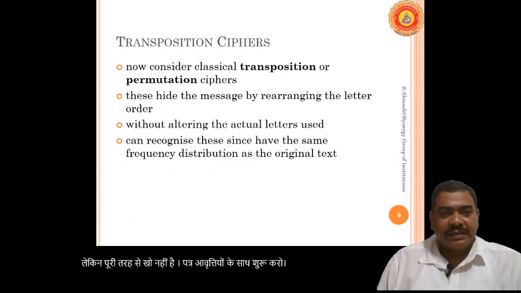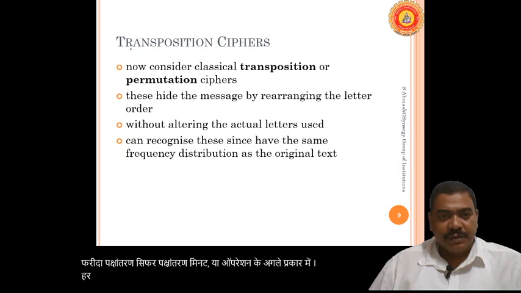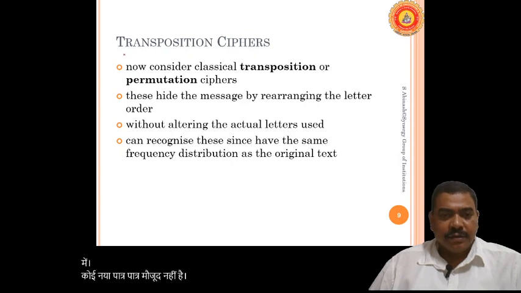So the next type of cipher is the transposition cipher. Transposition means that you have to rearrange, you have to perform a permutation operation. In substitution ciphers, in place of every character a new character is substituted. But in a transposition cipher, no new characters are substituted, only the plain text characters are rearranged, permutated.